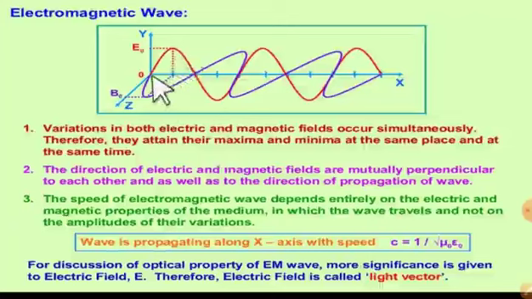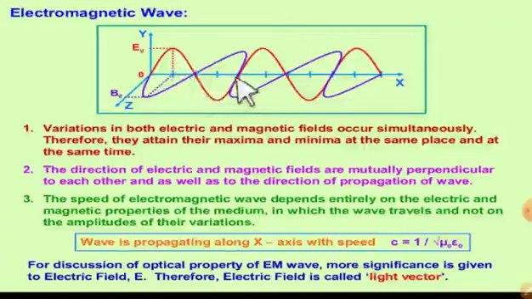When light travels from one point to another, say along the x-axis, the possible vibration of the electric field will be in all possible angles. That means perpendicular to the propagation, along the x-axis, the electric field will be vibrating in all possible planes.